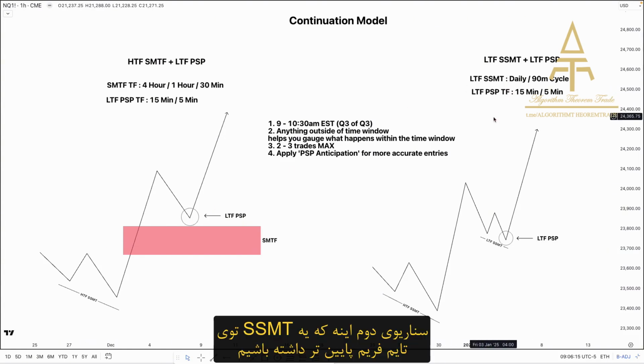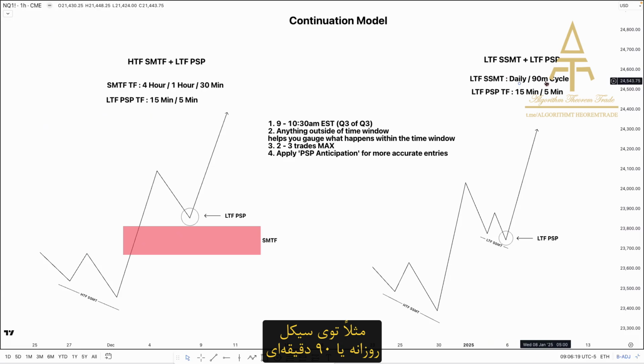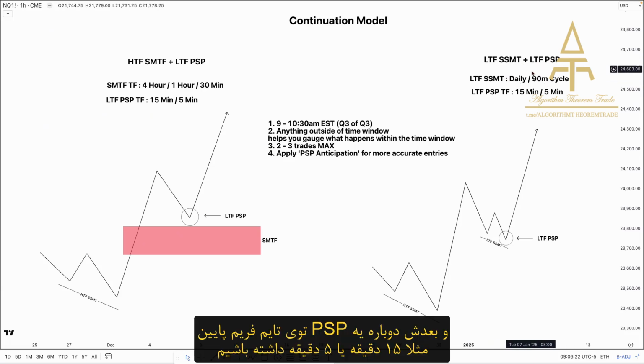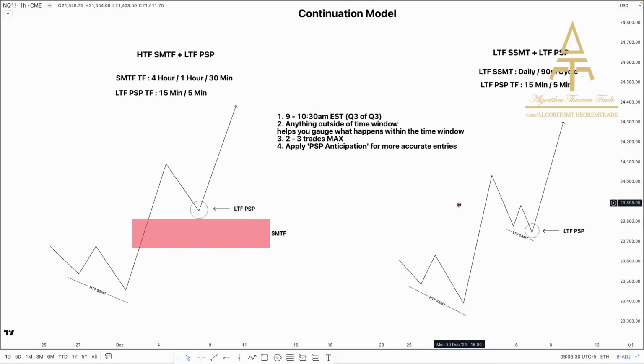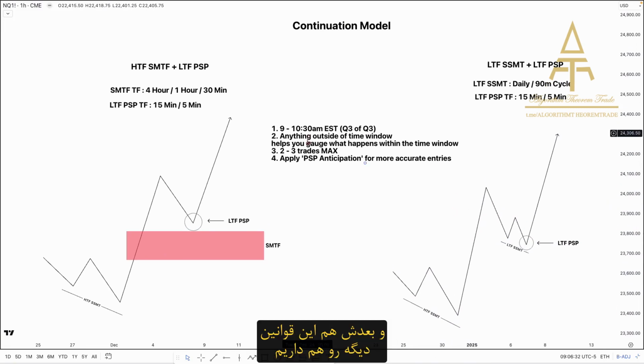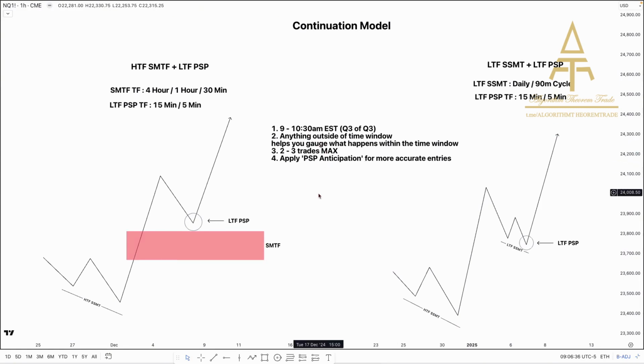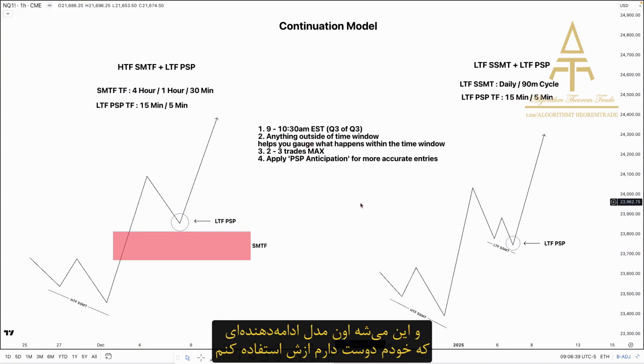And then the second scenario is the lower time frame sequential SMT, the daily or 90-minute cycle. And then we have our lower time frame PSP again, on the 15-minute or 5-minute time frame. And we have this here. And then we have these other rules as well. And this is the continuation model that I like to use.